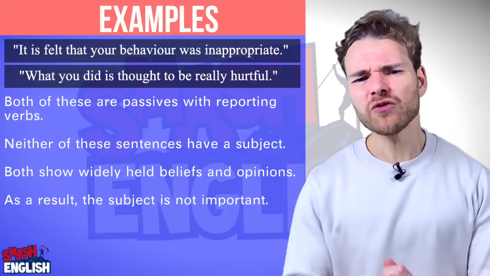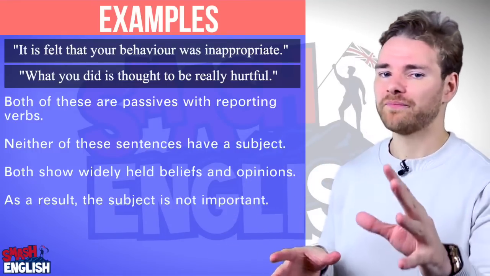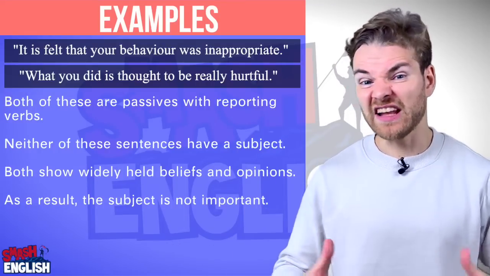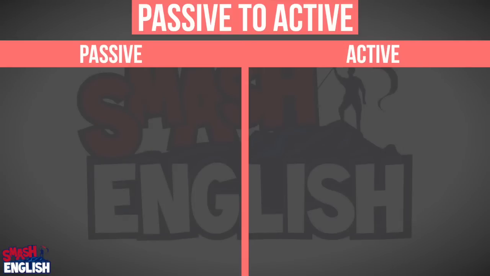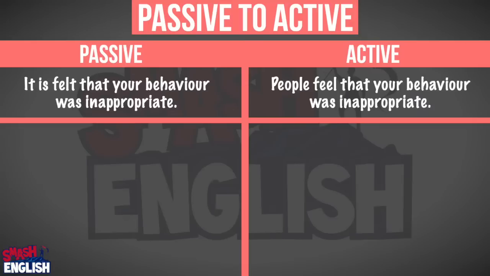Now, we need to ask ourselves, how do we make sentences like this? Well, why don't we take these sentences and turn them into the active voice? Our passive form is, it is felt that your behaviour was inappropriate. Now, let's put this into the active form. We don't have a subject here, so let's invent our subject and say people.